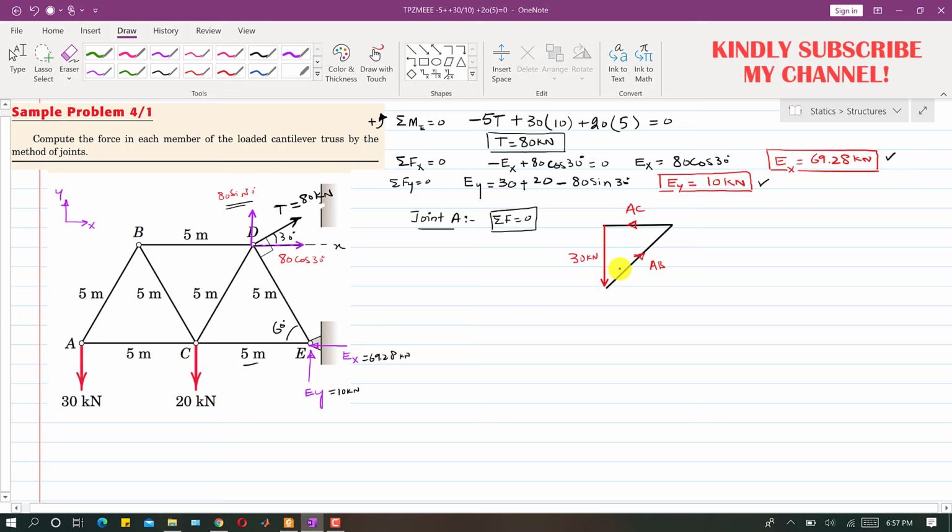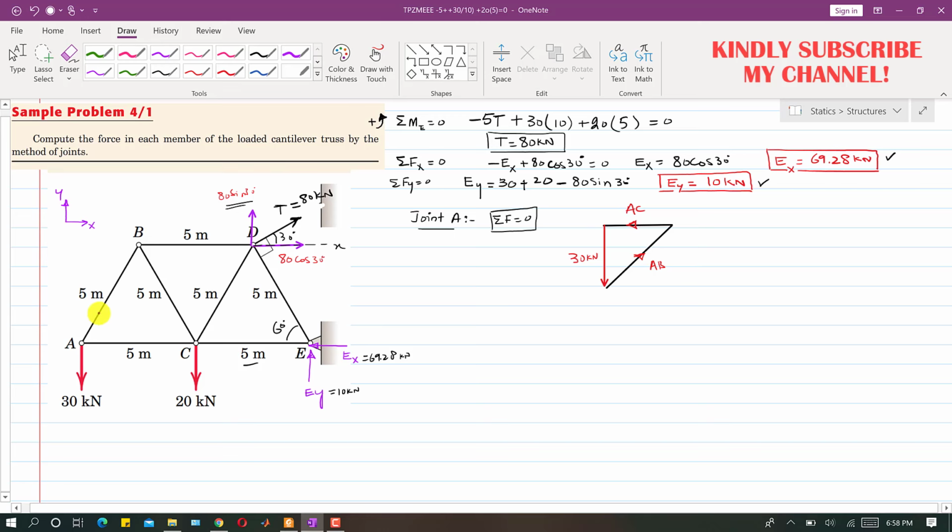So the resultant of these three forces is equal to 0 when they make a closed triangle, right? So we will always try this method whenever we have three forces on a particular joint, right? So these are the directions of the forces in this AC and AB member, right?